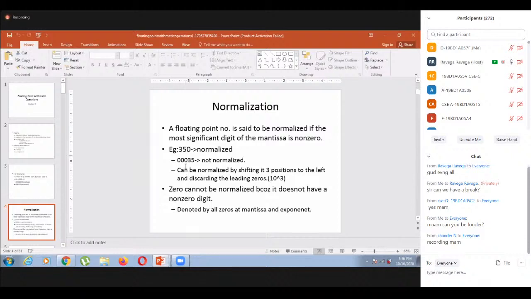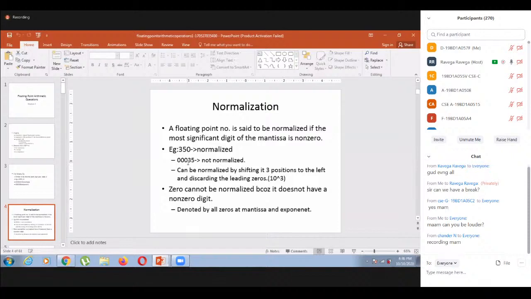Coming to the second one, 00035. It is not a normalized number. Why? Because the most significant digits, all 3 digits, are zeros.